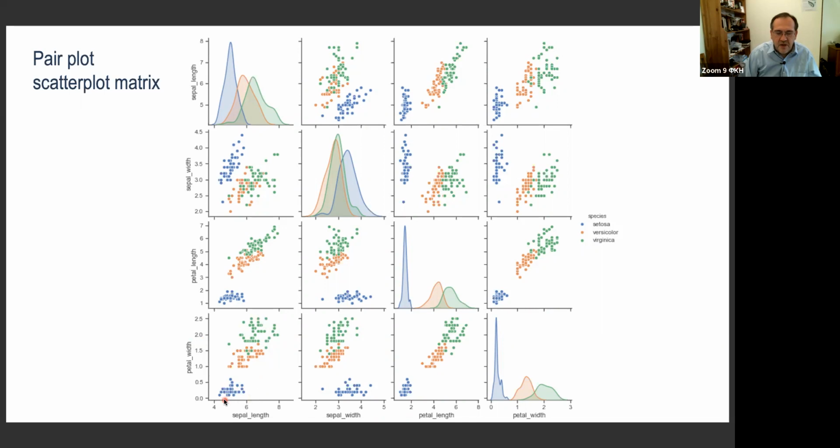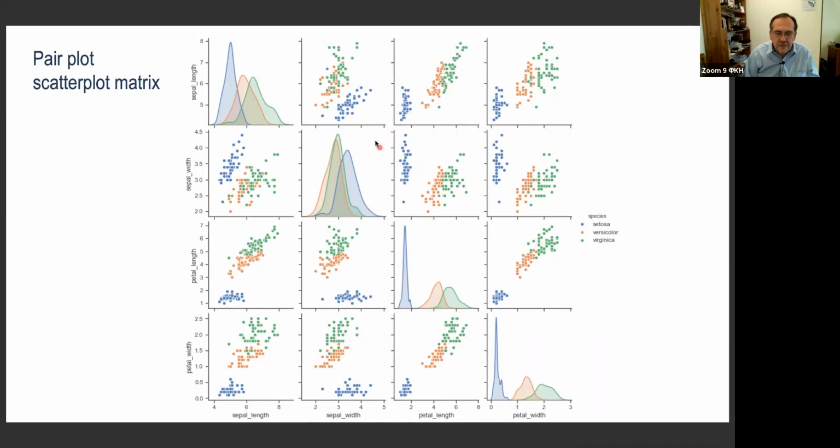This is probably the most useful plot I would normally do when I explore the data. I would start with this type of plot because if I have like 10 columns, I really don't know which pairs to look at. I would rather go through all of them in one shot, and see which are informative and which are not.